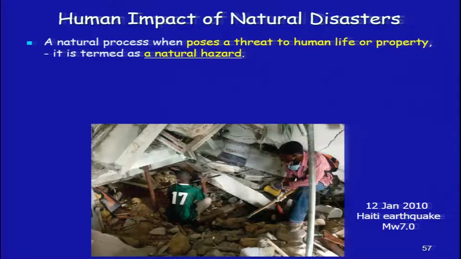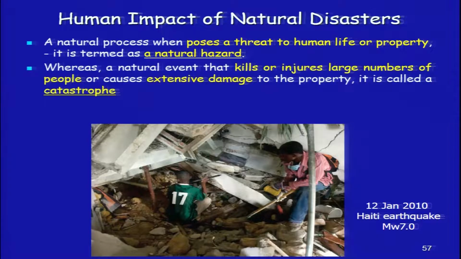A natural process, when it poses a threat to human life or property, is termed a natural hazard. Whereas a natural event that kills or injures a large number of people or causes extensive damage to property is termed a catastrophe.